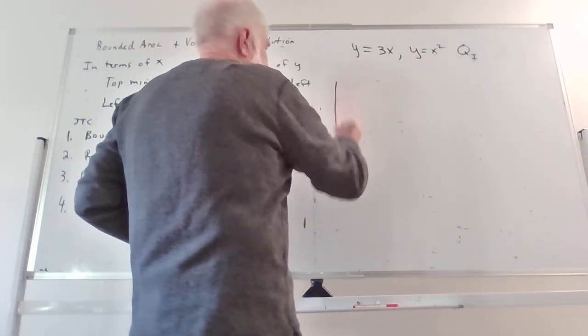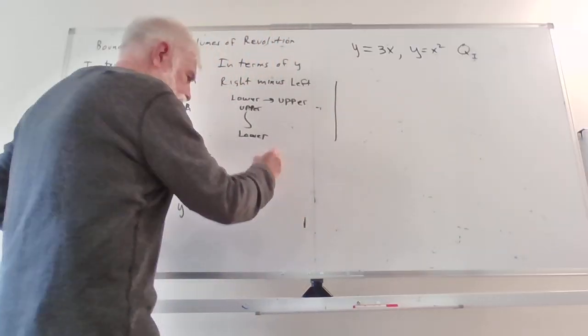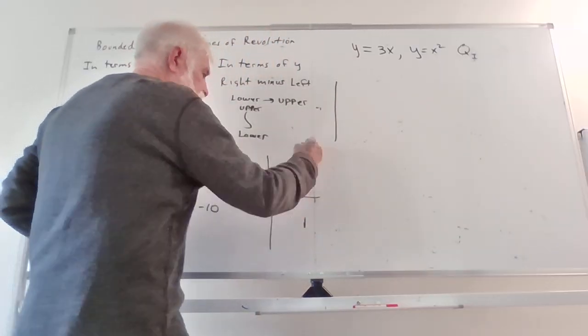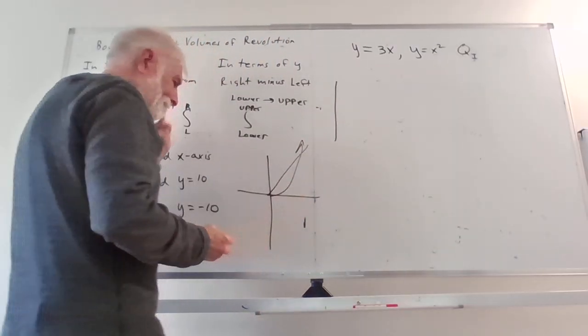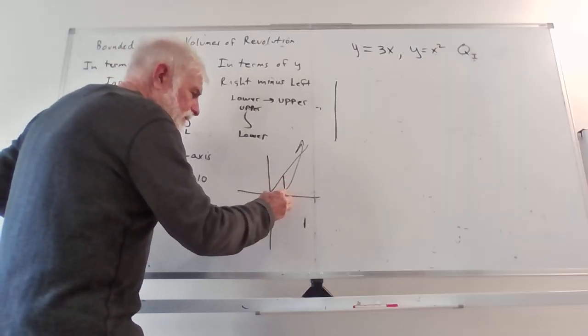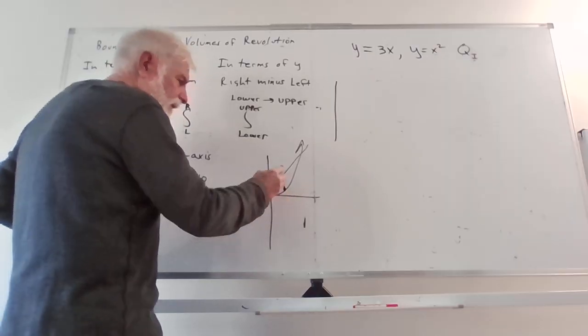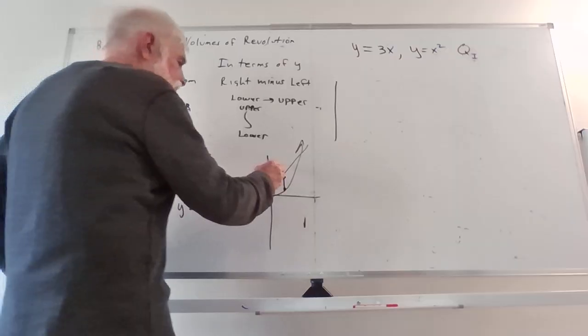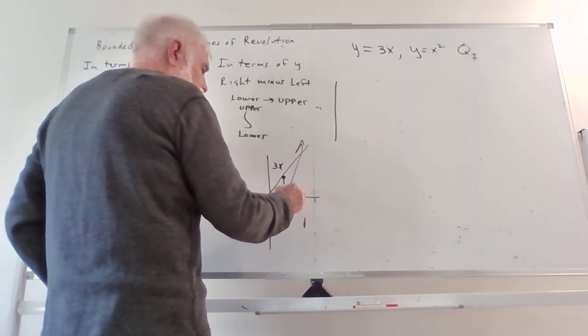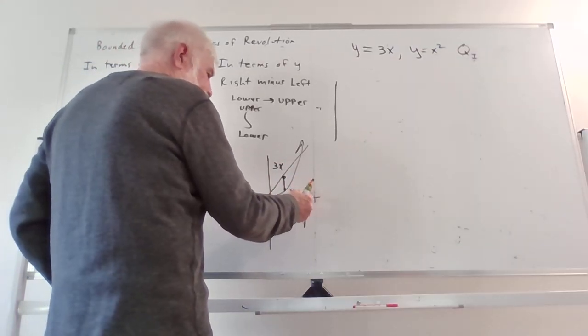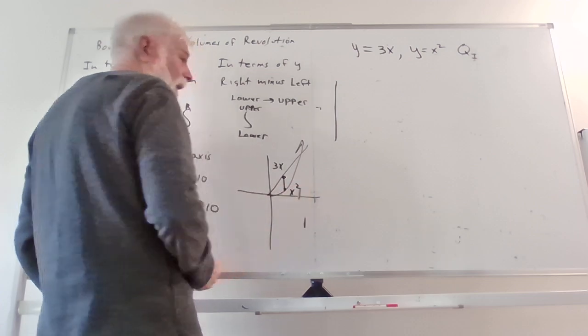So if we draw that, let me draw it over here. We have x squared, we have 3x, and we want to create altitudinal slices between the two functions. 3x, x squared, and I said top minus bottom. I hope you can see why now.